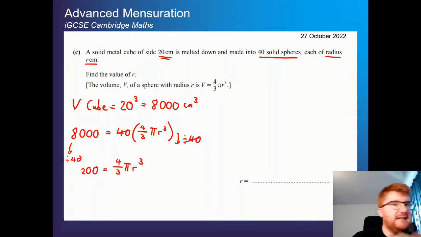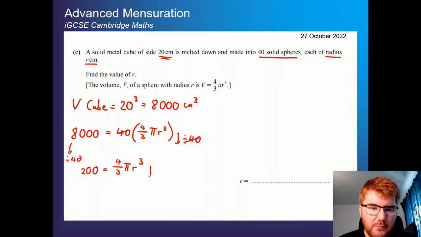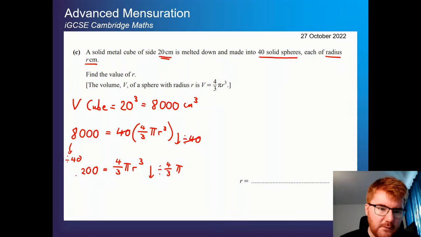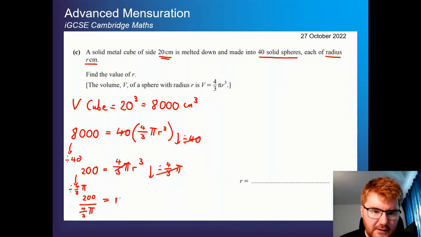Again, no rushing to the calculator here. All I'm going to do is get r on its own. So the first step, what's the opposite of timesing by 4/3 pi? Well, dividing by 4/3 pi. We do that to both sides, giving us 200 over 4/3 pi. Again, this cancels, leaving us just with r cubed.